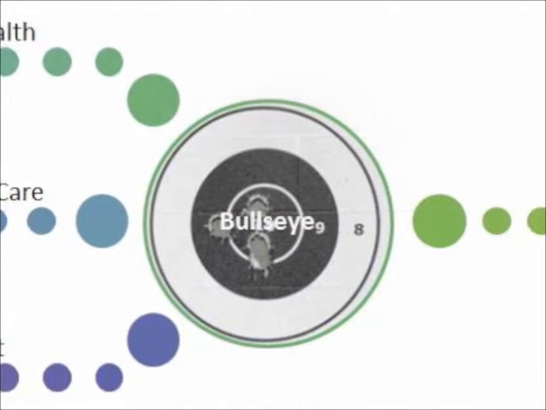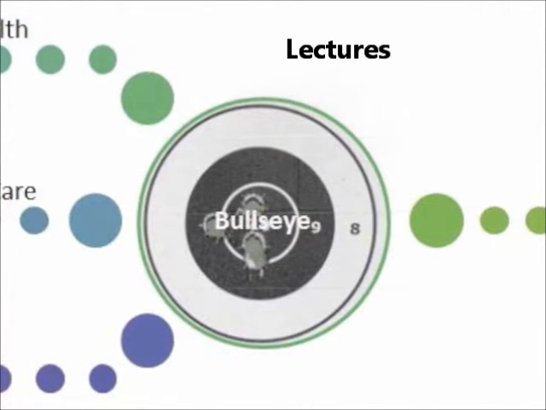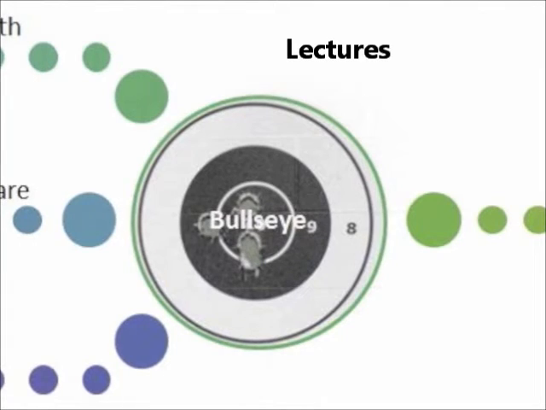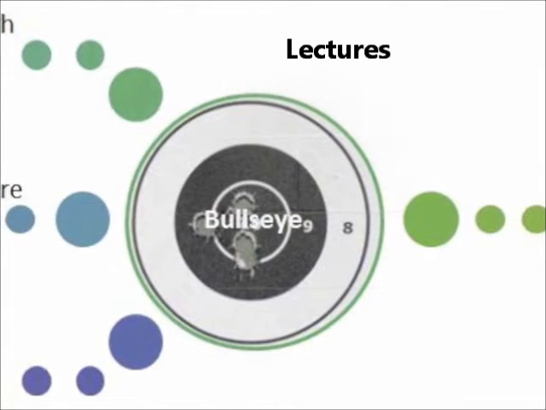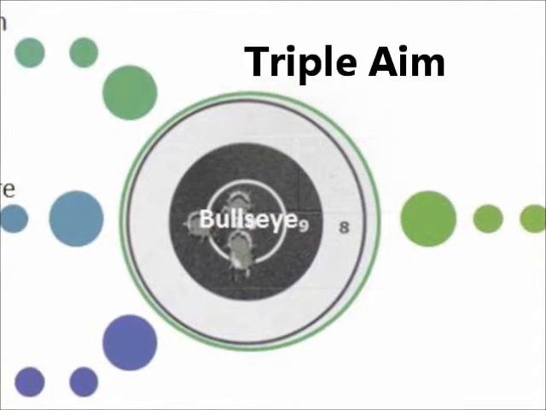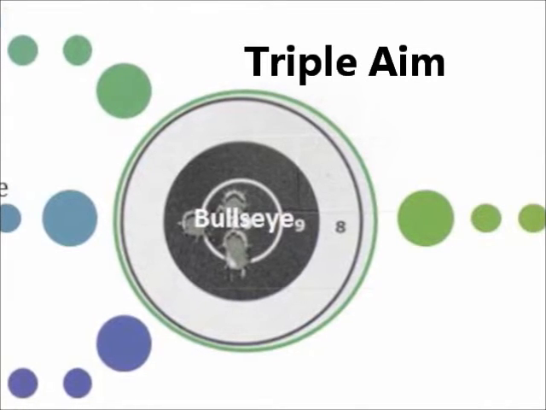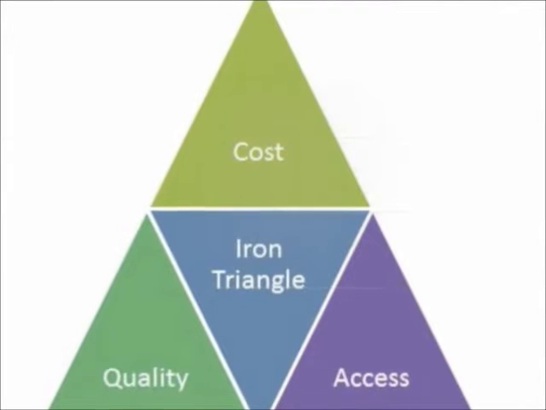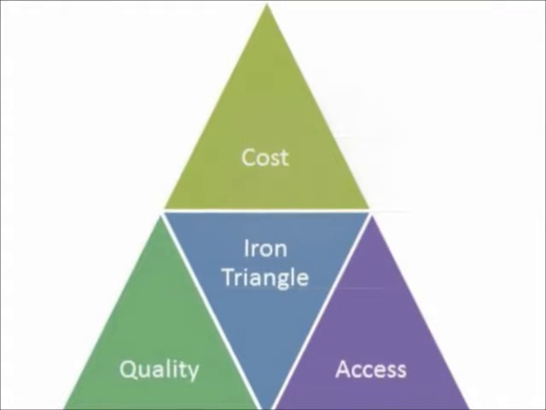To assist your learning and understanding of these objectives, several different types of media will be available to you. You'll have lectures on the Triple Aim, the Iron Triangle, and health reform.